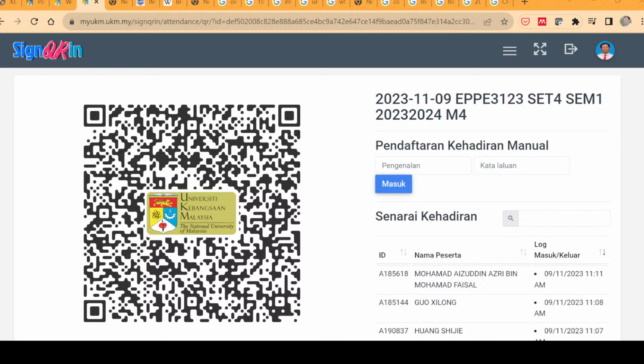I will finish at 11:20. 2 more minutes. Hopefully the 2 more people will scan the QR code.